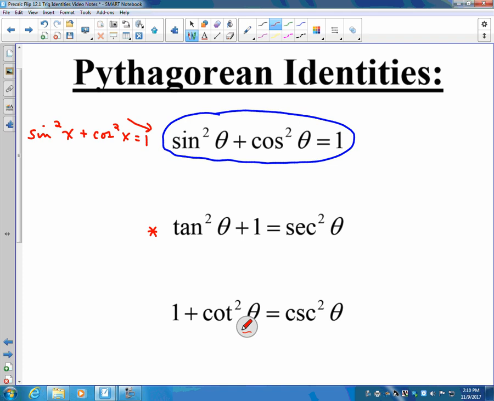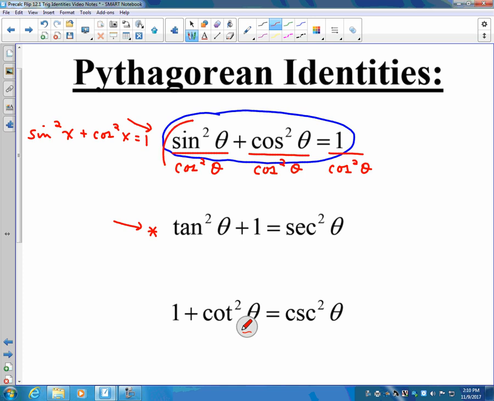All right, so this second one here, tan squared theta plus 1 equals secant squared theta, comes from sine squared theta plus cosine squared theta equals 1. Let me show you. If I divided both sides of this equation, or if I divided every single term by cosine squared, what would I get?